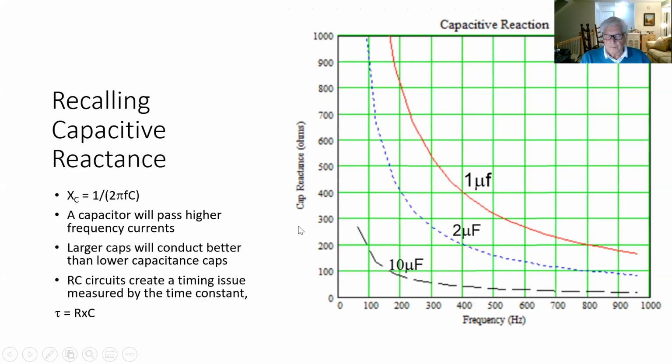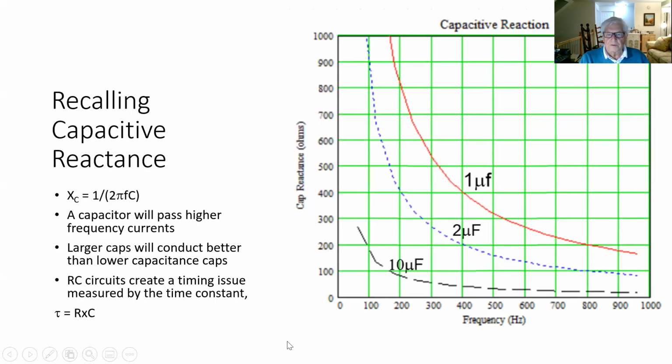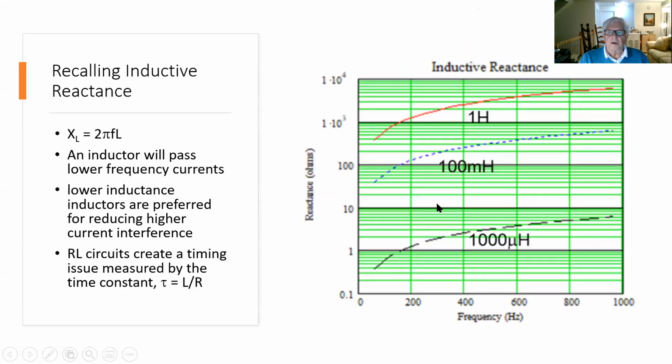This is the opposite of what happens with an inductive reactance. In the case of an inductive reactance, you notice that the curves go in the totally opposite direction. If you go back to it, you can see that they slope down from left to right for capacitive reactance, but for inductive reactance, they slope up. They go from low to high.